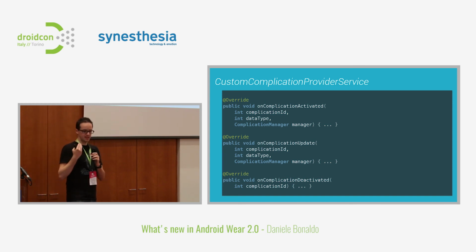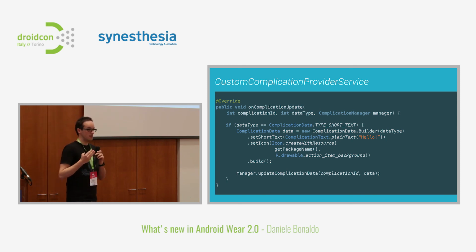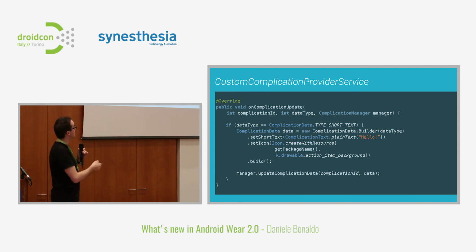Again, as I said before, the on complication update is basically the most important method. This one is the one that provides and bundles, as you can see, the data inside a complication data. As you can see here, we are checking which is the data type, so in this case, for example, we are checking for short text.